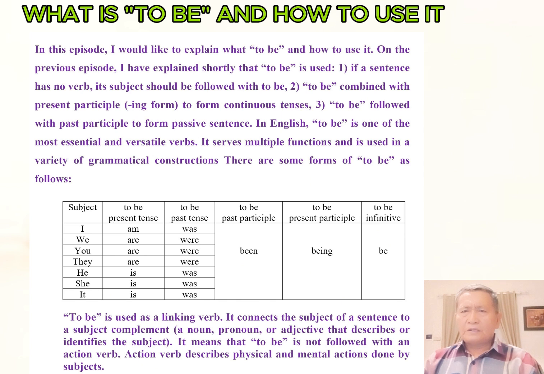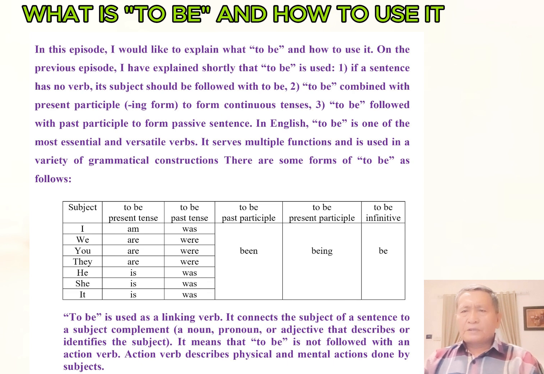To be in present tense is am, is, are, and it's used based on the subject. I am, we are, you are, they are, he is, she is, it is.